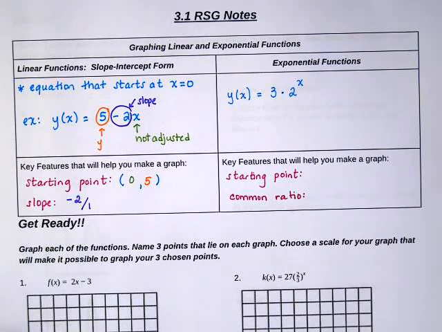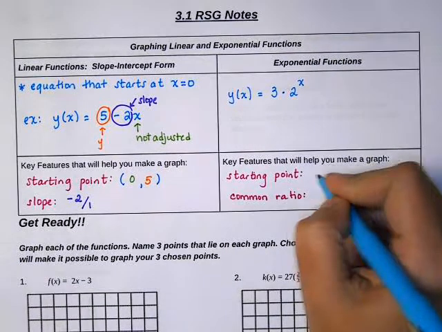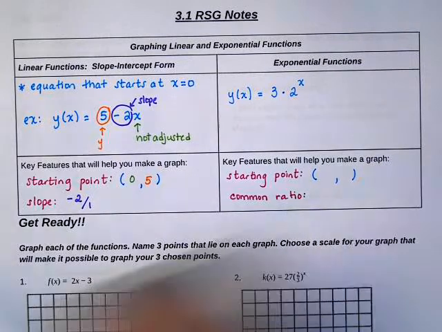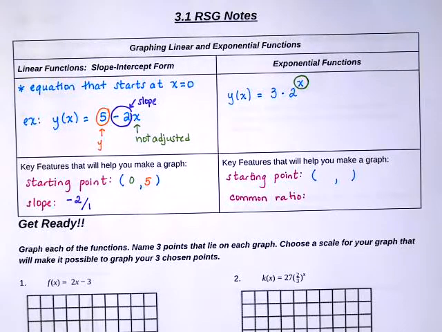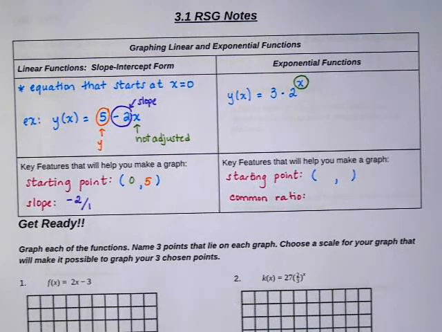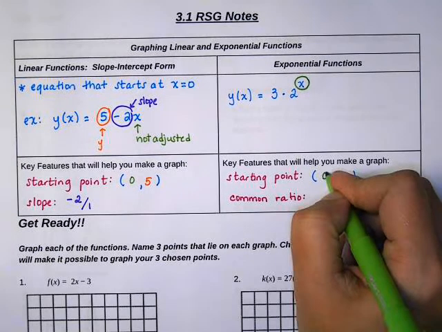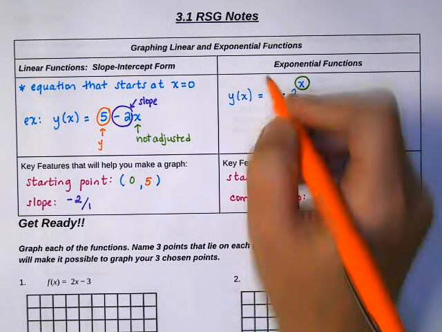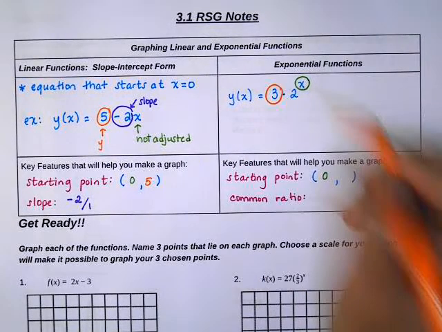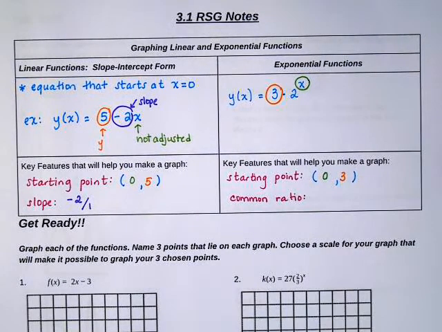From this equation, my starting point again needs an x and a y. Just like in the other equation, there was no adjustment needed for the x. It doesn't say x plus 1 or x minus 2, so that tells me that my starting point started at 0. And just like in a linear equation, the starting y value is always at the beginning of the equation.